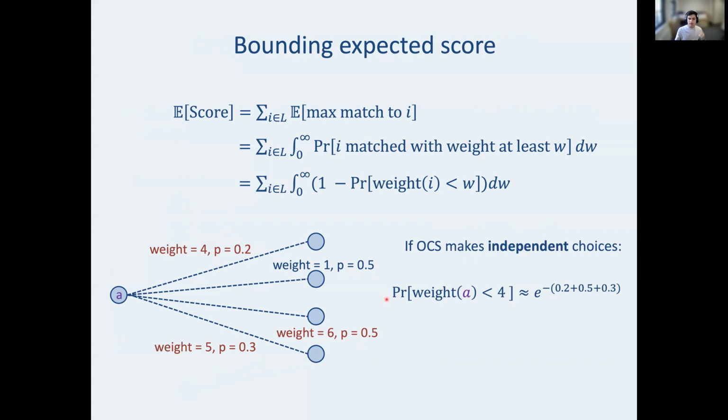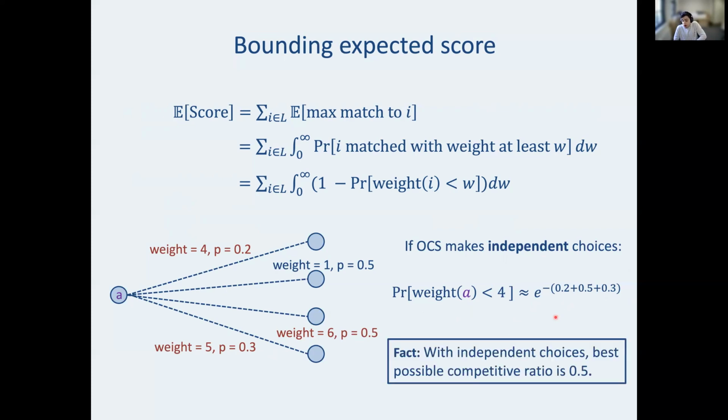So if we want to compute the probability that A is not matched to anything with weight 4 or more, that's the probability it's not matched to the red edges, the first, the third, and the fourth. And that is, in the case of independent choices, exactly equal to 0.8 times 0.5 times 0.7, which using an approximation is roughly e to the negative 1. So if the OCS makes independent choices, our guarantee will be of a form like this.